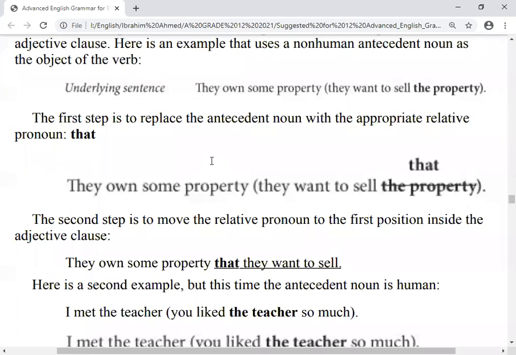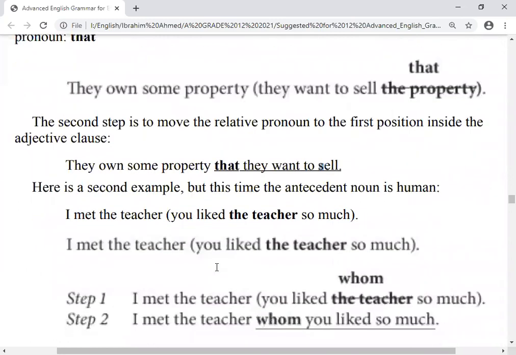Property here is an object, and it's non-human, so we replace it with that. This is the first step. The second step, move that and put it at the beginning of the adjective clause. They own some property that they want to sell, a piece of cake, right?